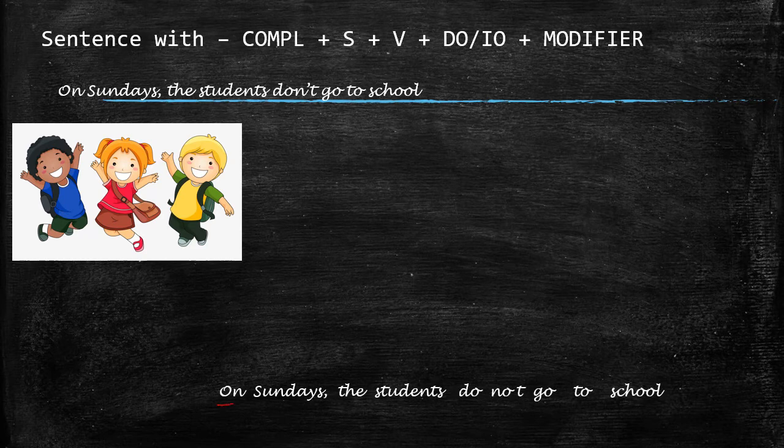You have the complement at the beginning of the sentence, so it will integrate with the subject "the students", and after that we have the verb "do not go". Then "not" is the negator here, and then "to school". "To" in here is a preposition, meaning "menuju", so this is a preposition.